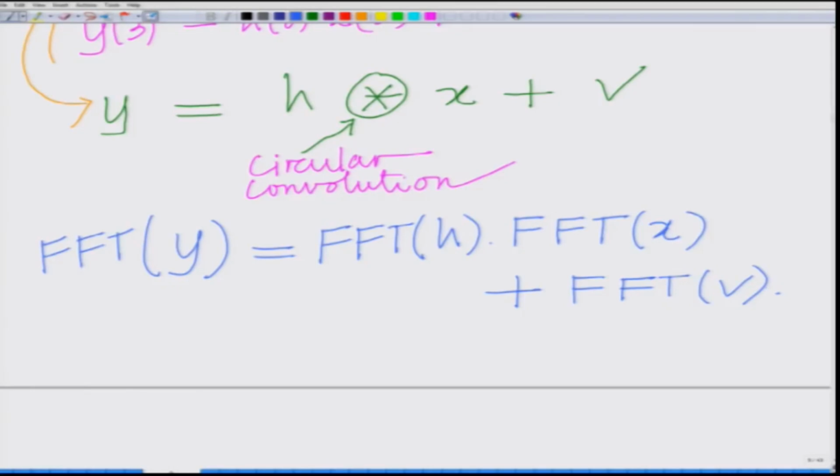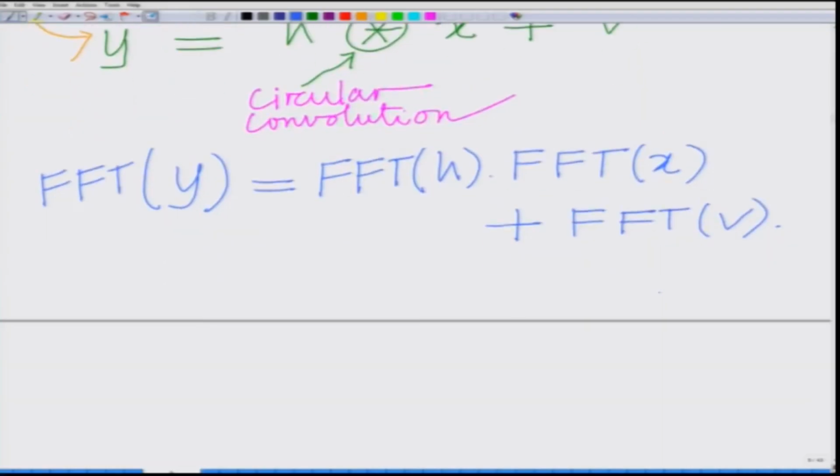So, once you take the FFT of the samples at the output, the action of the channel in the frequency domain can be represented as a simple multiplication. Therefore, the FFT of the output samples y equals the FFT of the channel filter h times the FFT of the transmitted samples x plus the FFT of the noise v.